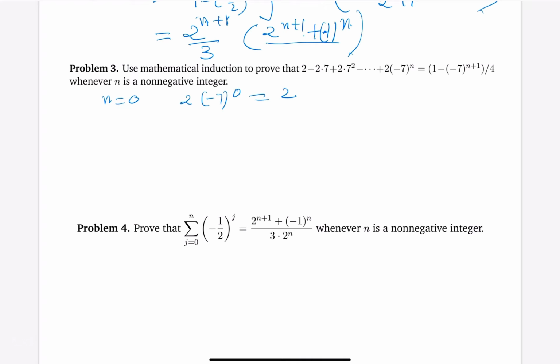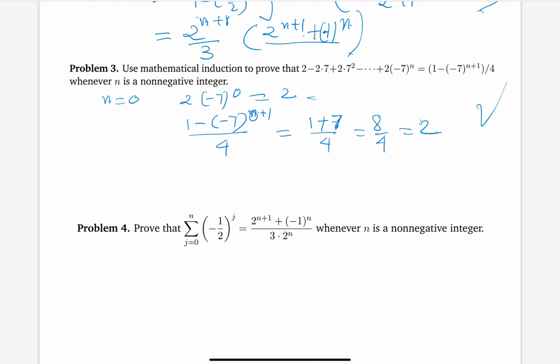And here, the second one, I have 1 minus parenthesis negative 7 to the n plus 1, divided by 4, okay? Now, if n equals 0, I got 1 minus negative 7, minus is positive here, positive 7, divided by 4. And you got 8 over 4 is just 2, okay?